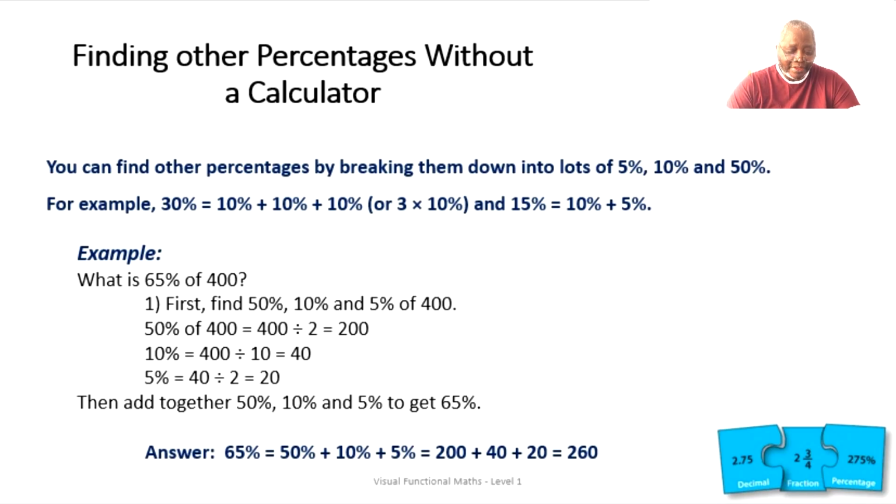Add them all up together, and you'll have 65% is equal to 50% plus 10% plus 5%, which is equal to 200 plus 40 plus 20, which is equal to 260. And that is your answer. 65% of 400 is equal to 260.